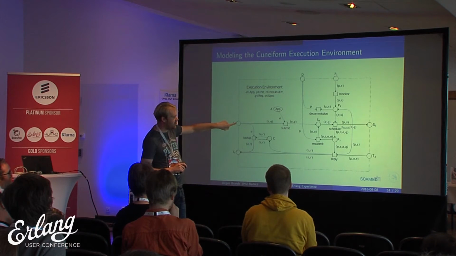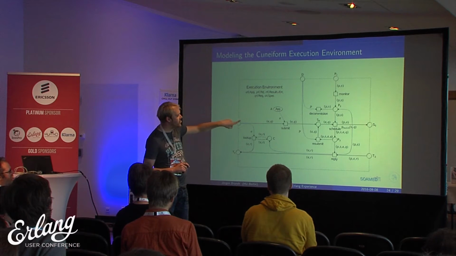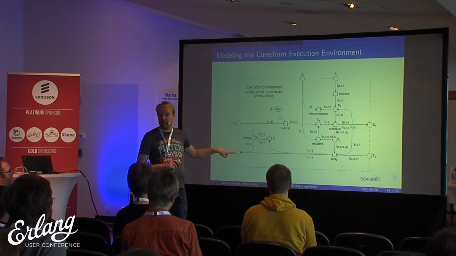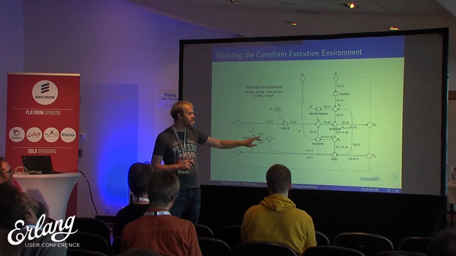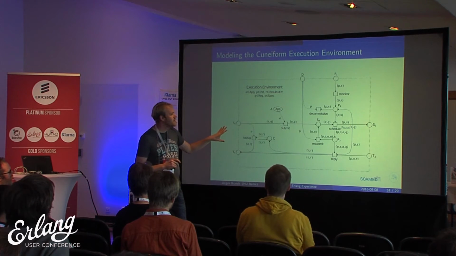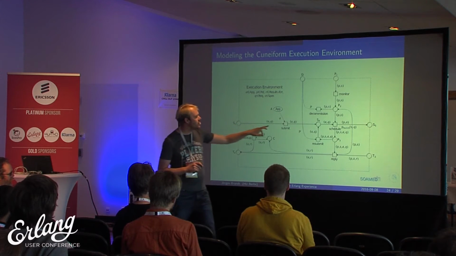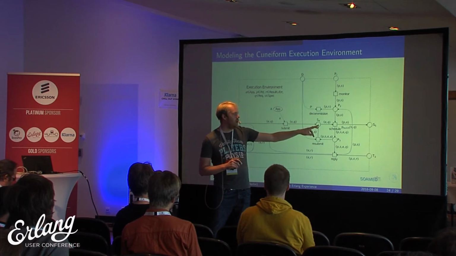If the function application has already been seen in the system, then you can just look up in the cache what the result is and return the result. If it's the first time that the system sees this function application, it will have to submit it, and then the function application appears here.